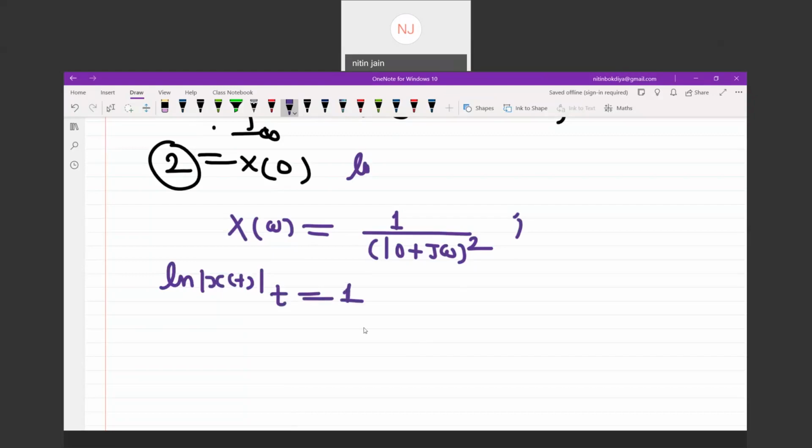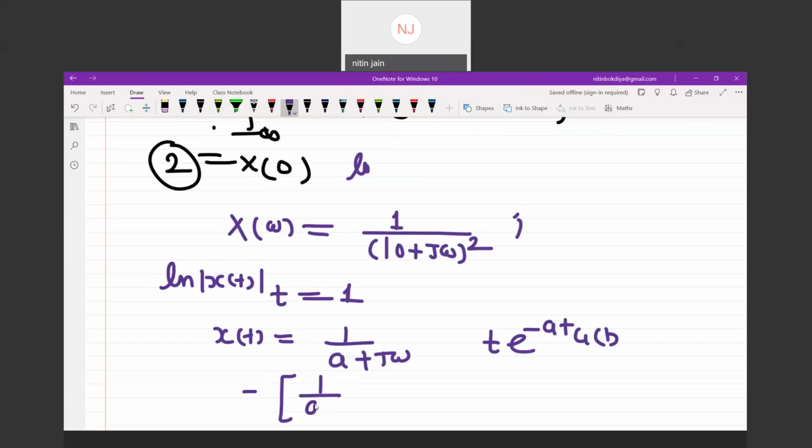I say the x of t is given by 1 over a plus iota omega. So you can say this is e to the power minus at into u(t). If I multiply by this t, then the output will be minus of 1 over a plus iota omega whole square, and minus minus cancel.